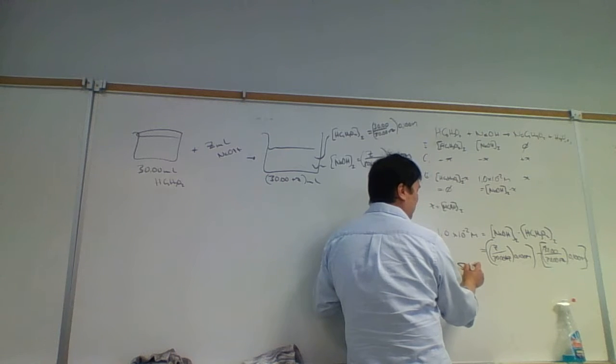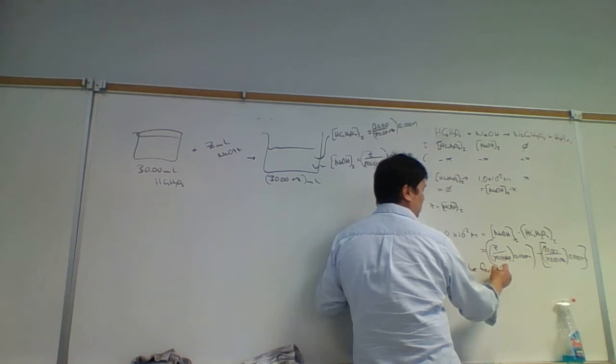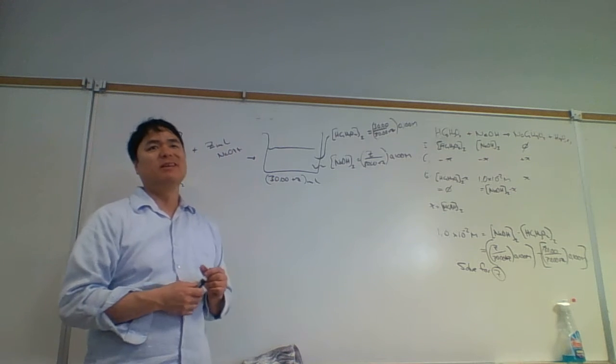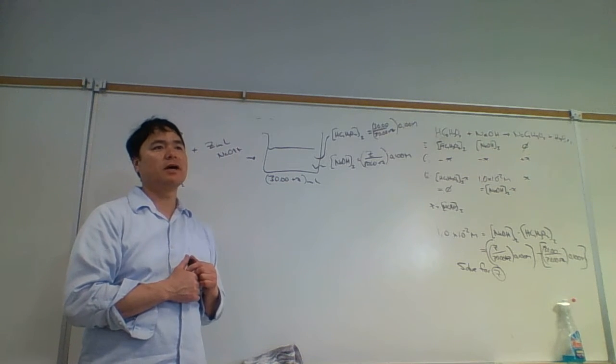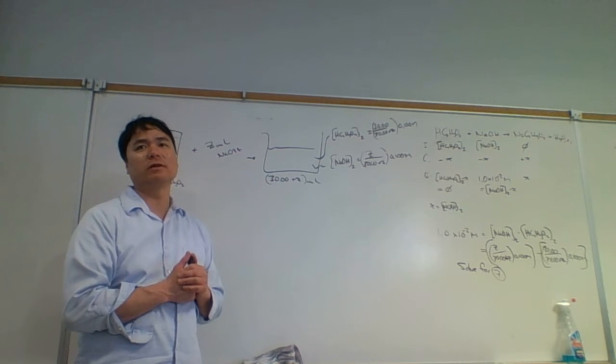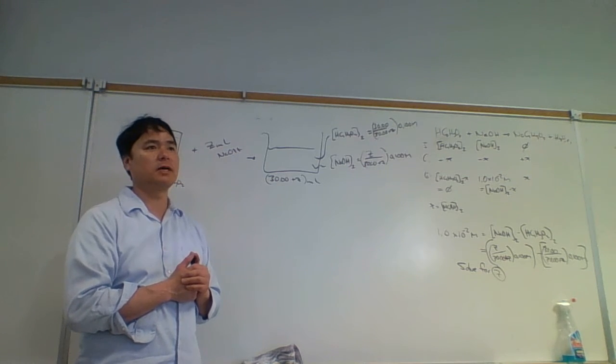And then we just solve for Z. Z is the number of milliliters of sodium hydroxide we have to add, and that's what we're after. How many milliliters of sodium hydroxide will it take to hit this pH?